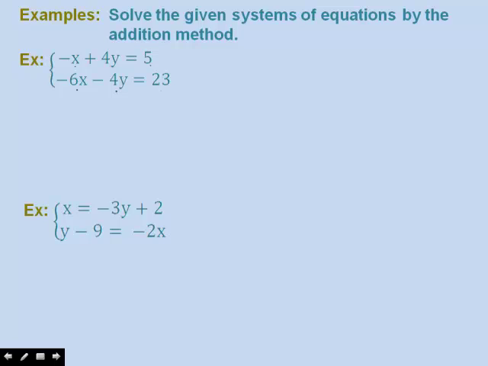So next we want to look at what we have, and this is in fact the same example we looked at a little while ago. With these two equations, we already have the 4y and the negative 4y that will cancel each other out if we add these together as they are. So we don't have to multiply by anything in this case. So let's rewrite our two equations.